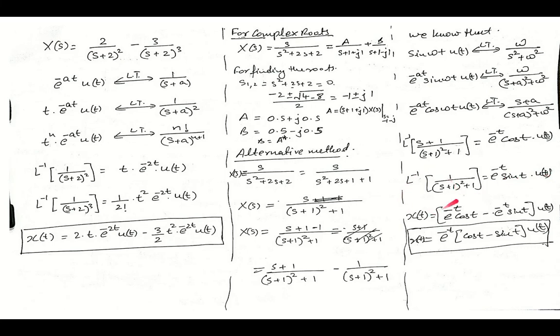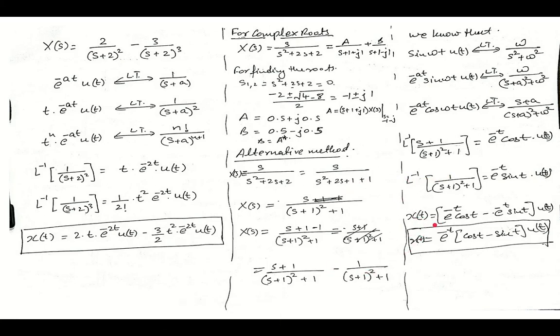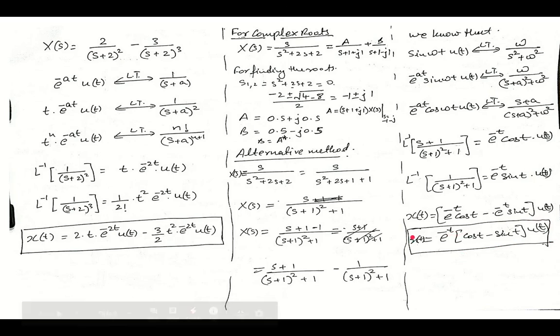So I can calculate the inverse values, and it will be xt is equal to e to the power minus t cos t minus e to the power minus t sin t whole into ut. Okay, so this will be our inverse Laplace value for the complex roots.